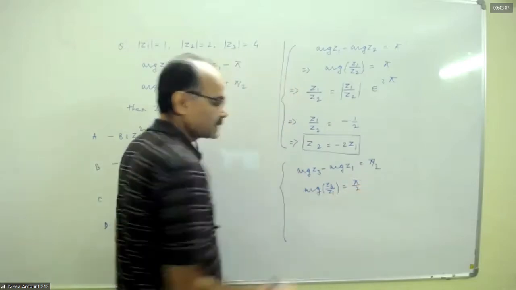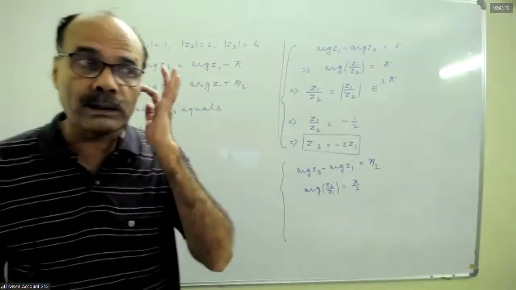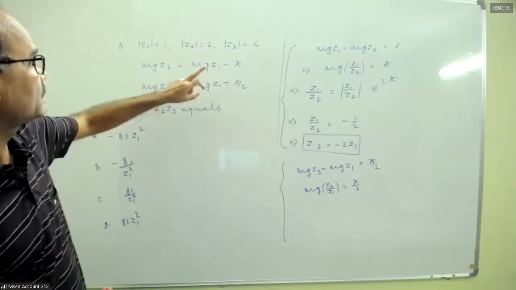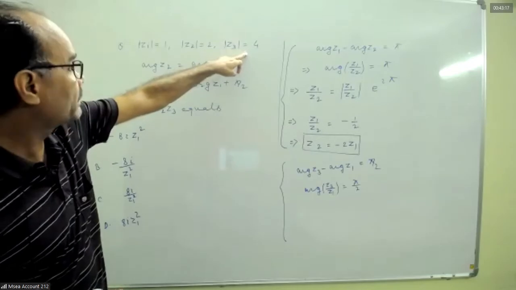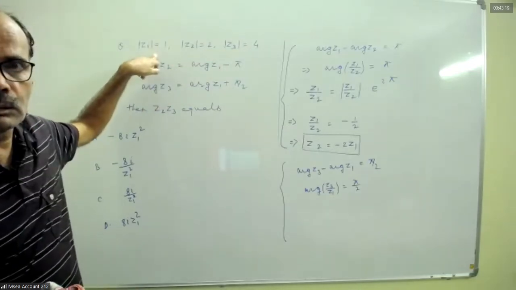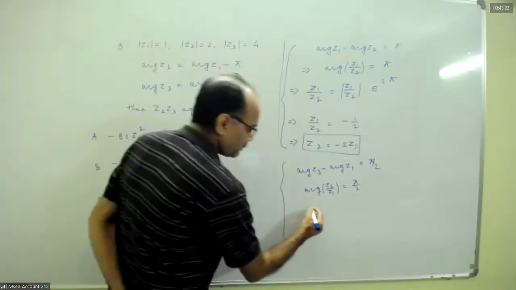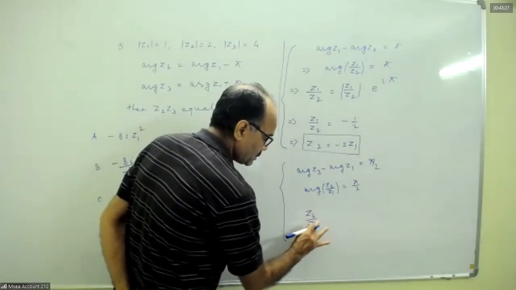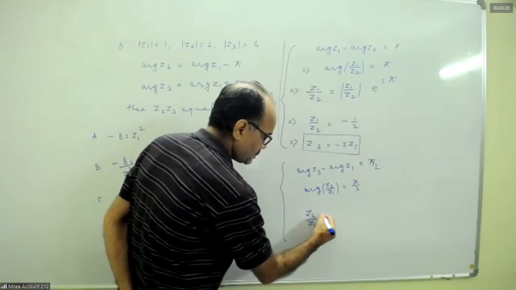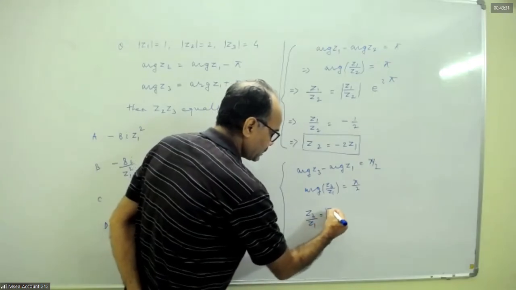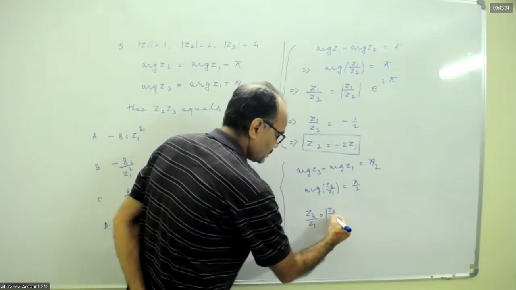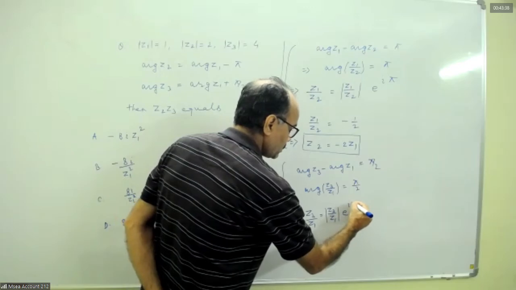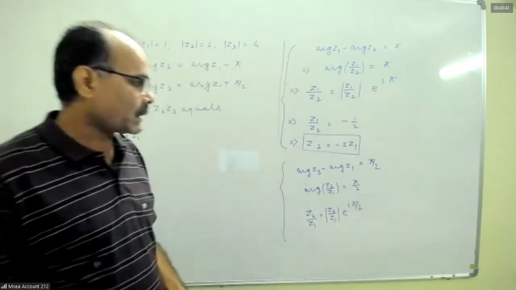So Z3 by Z1 is a complex number whose argument is pi by 2 and magnitude is 4. So Z3 by Z1 we can write in polar form as mod of Z3 by Z1 into e to the power i pi by 2.